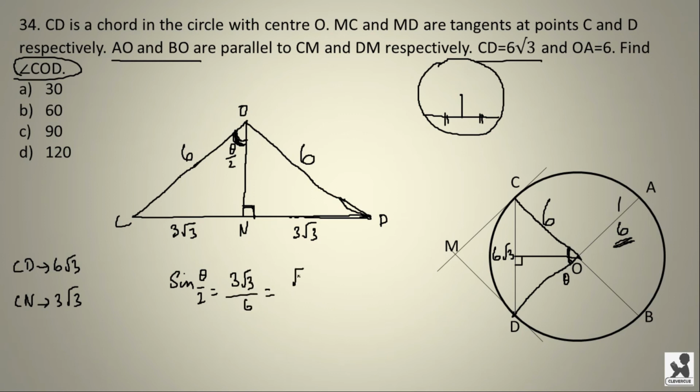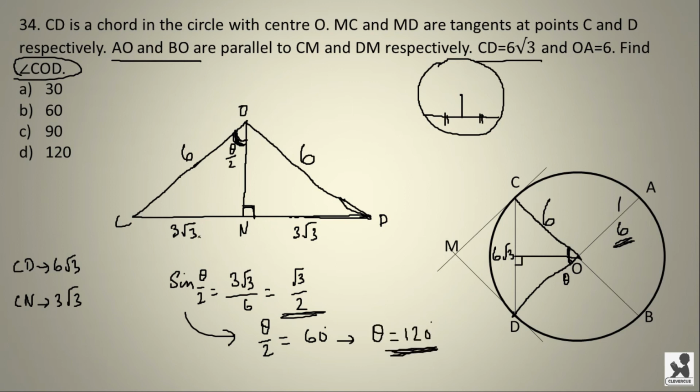We get root 3 by 2. Now the value of theta by 2 is 60 degrees and theta is equal to 120 degrees.